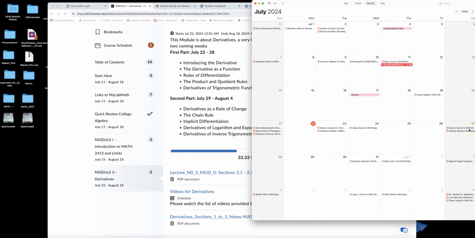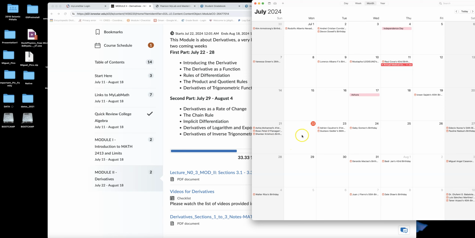The 26th and 27th are the moment in which you need to take your first sectional test about module 1. On the 22nd, we are covering the first section of the first part, the introduction of derivatives as a function, and rules of differentiation.